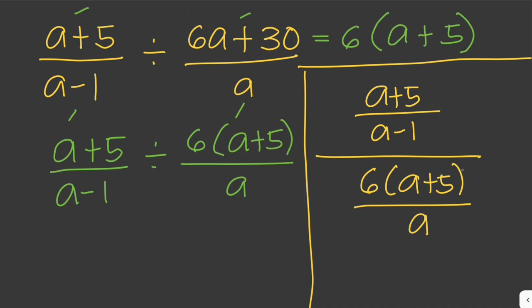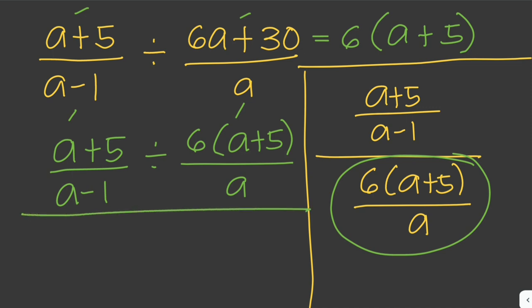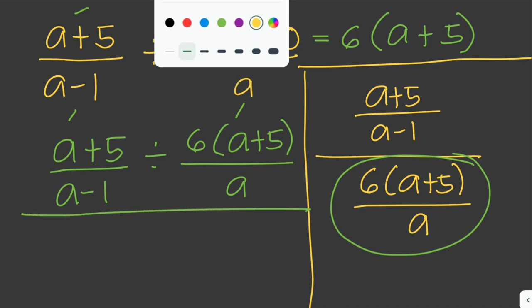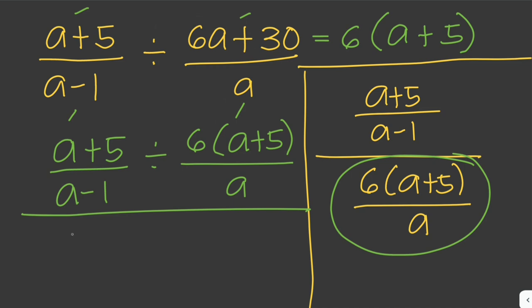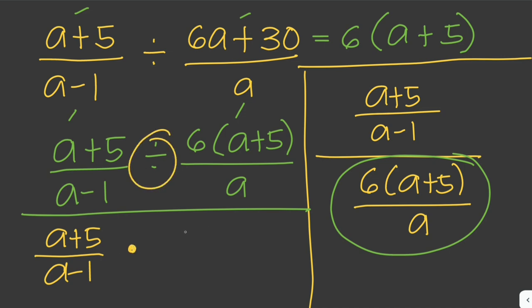Note here that our divisor is 6 times a plus 5 over a, so we can flip this or get the reciprocal of that. Then we write a plus 5 over a minus 1, change the operator sign from division to multiplication, times a over 6 times a plus 5.